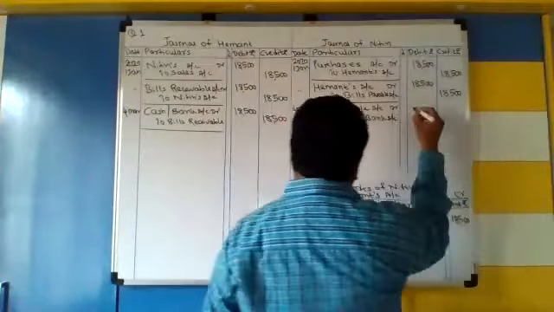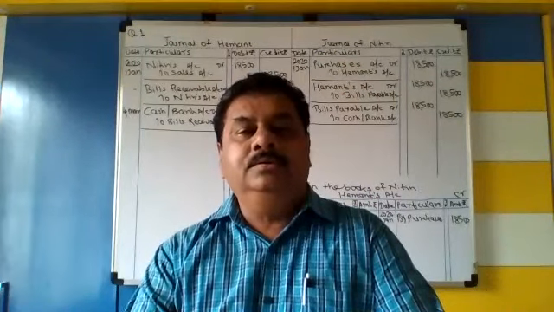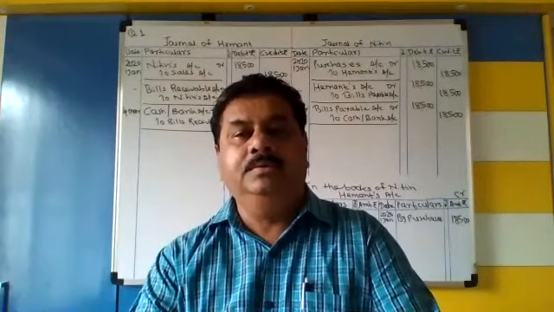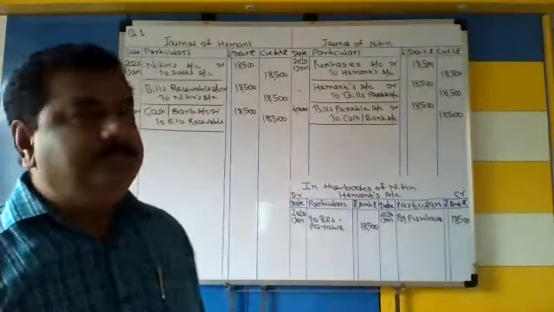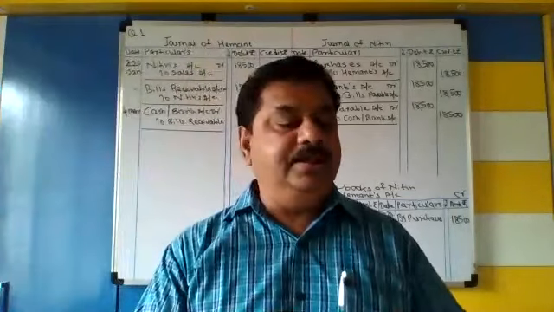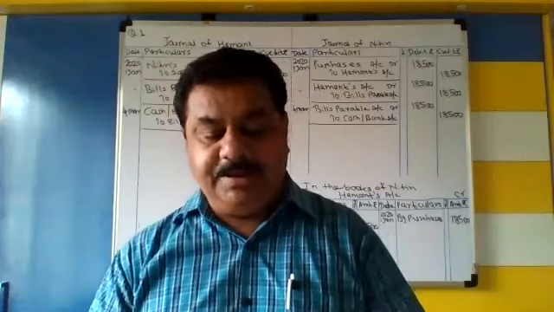Bills payable account debit to cash oblique bank. Narration: Being our acceptance paid.